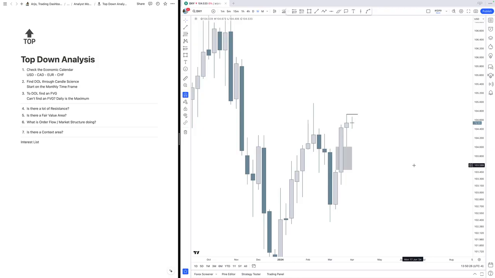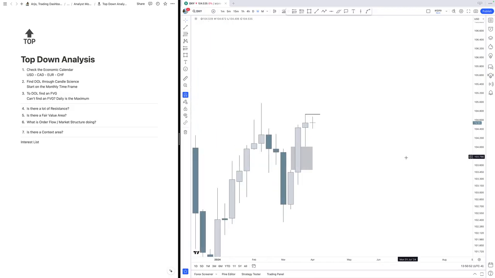I thought, if I just exactly follow that list, then I should get to the same draw on liquidity. But it just didn't resonate with me. It was so much that I didn't like it. So that's where you can put your own twist on it, but use the same concepts, the same things that we went over. Don't incorporate anything else right now that is not in the mentorship, because that is going to mess it up.